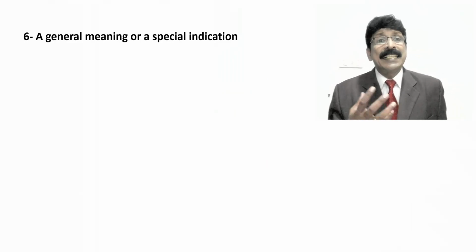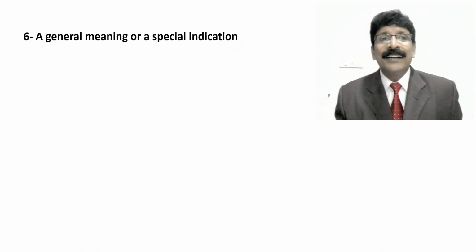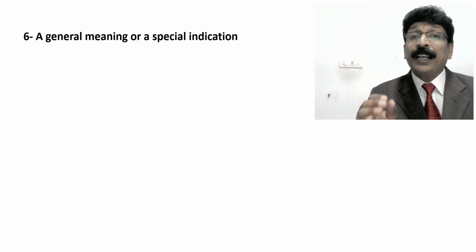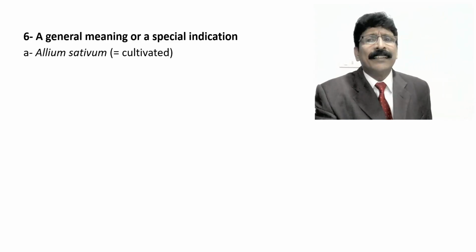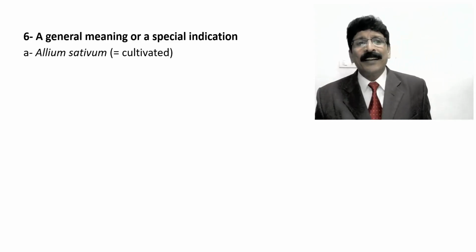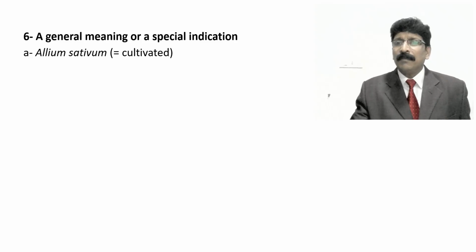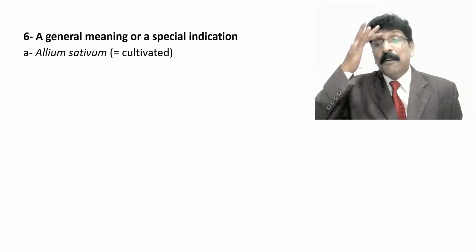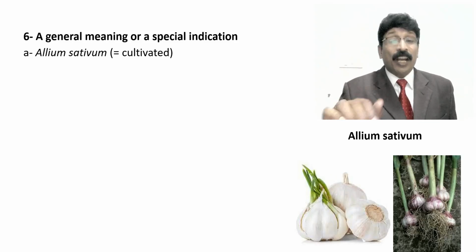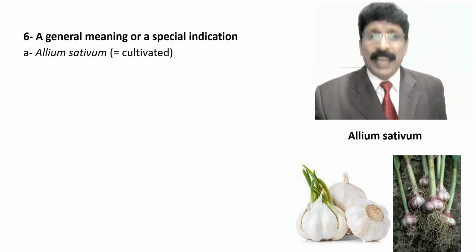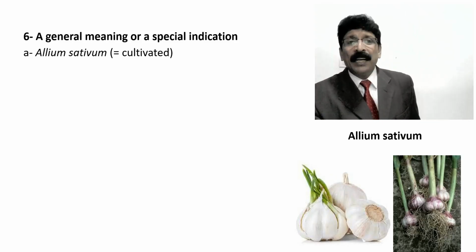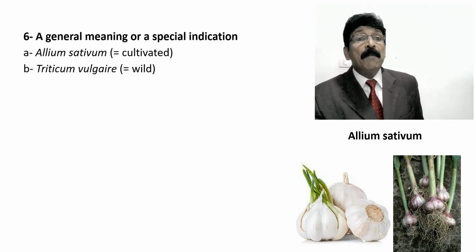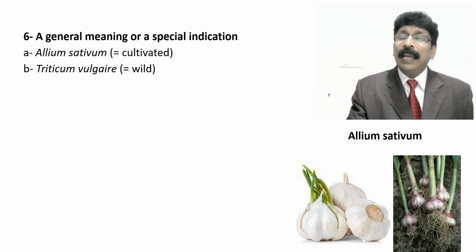The sixth one is general meaning or a specific indication, like cultivated, Allium sativum. Garlic is always cultivated, so that's why the name sativum is given. Sativum means cultivated. But at the same time, Triticum vulgare.